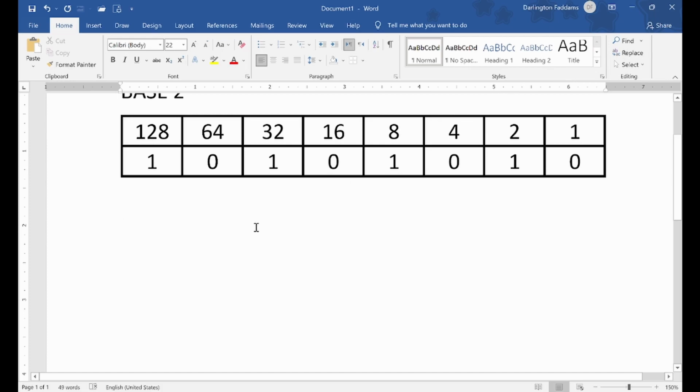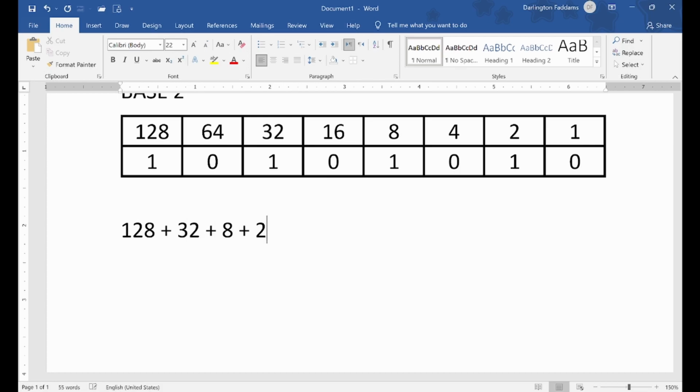So we have 128 plus 32 plus 8 plus 2. Let's calculate it. 128 plus 32 will give us what? 160. Is it 160? 160 plus 8 will give us what? 168 plus 2. One what? Is that what you got? 170.